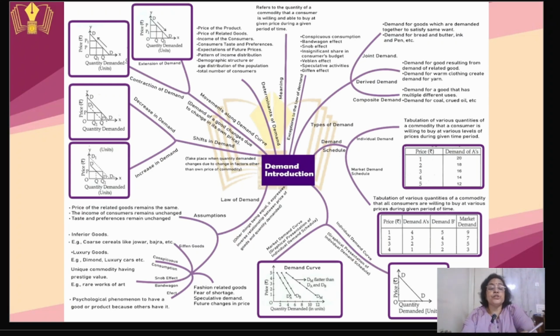So here we use the term movement along the demand curve, and if there is an increase, we use the term extension in demand, and when it decreases, we call it contraction of demand. I hope this is clear. And one more point is there. When there is a change in demand due to the change in the price of that commodity, we use the term change in quantity demanded.